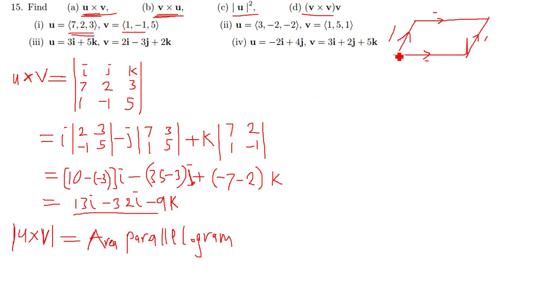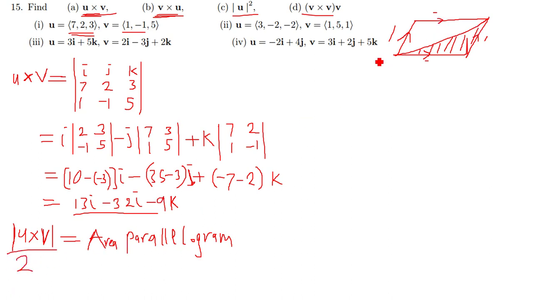So now imagine that we divide this parallelogram into two equal parts, and then we've been told to find the area of this part. When you look at this part that I'm shading here, this forms a triangle. So in case they ask you to find the area of a triangle, you just divide the area of the parallelogram by 2.